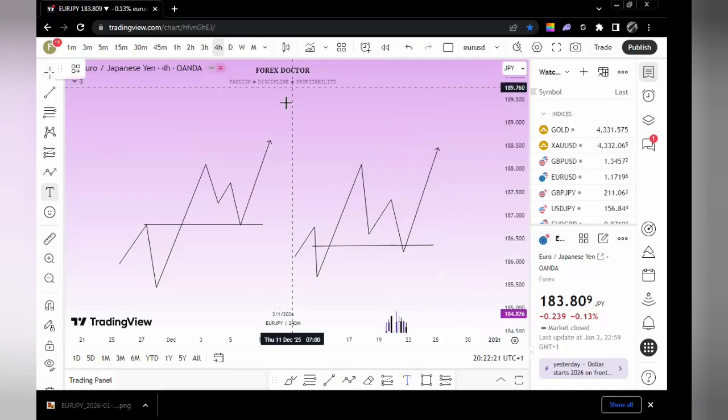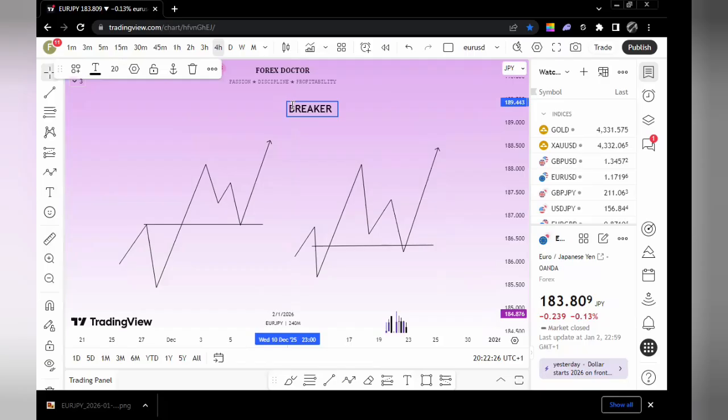So let me term this A and B. So you have type A, type B for both of them.